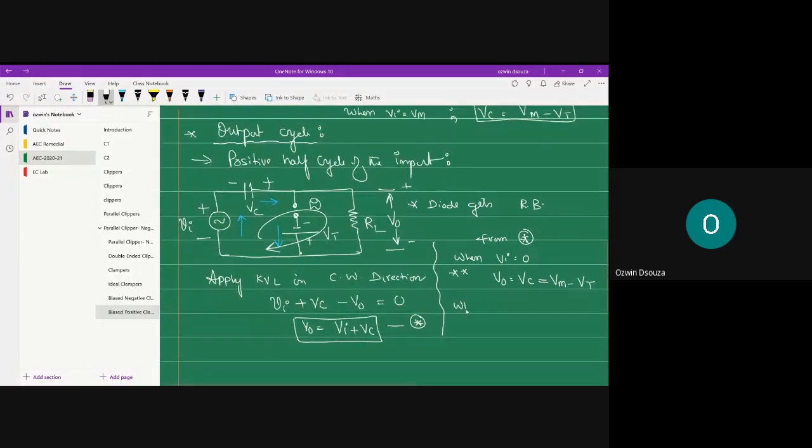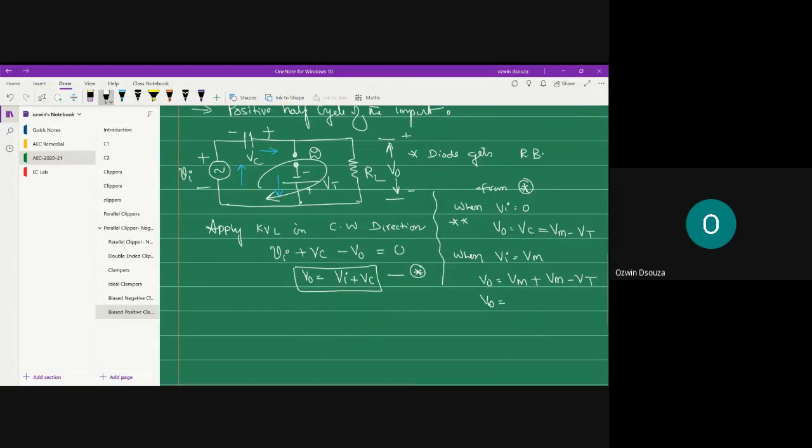On the other hand, when your input rises to positive maximum, your output will have a value equal to Vi plus Vc. What is Vi? When your input rises to positive maximum, it is Vm. So Vm plus Vc, and Vc we know is Vm minus Vt. So the output peak is going to be at the 2Vm minus Vt level.